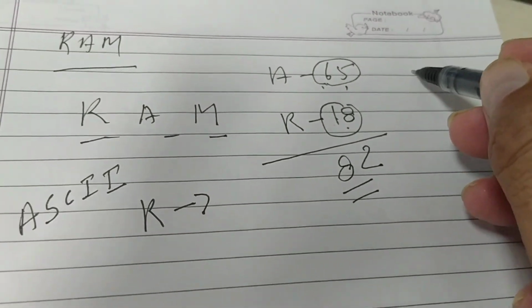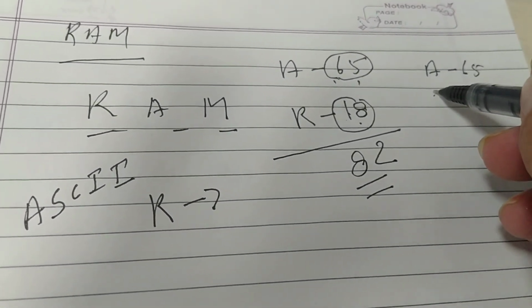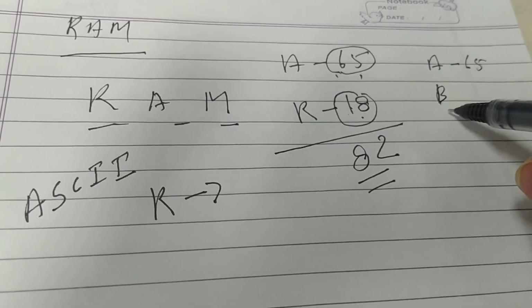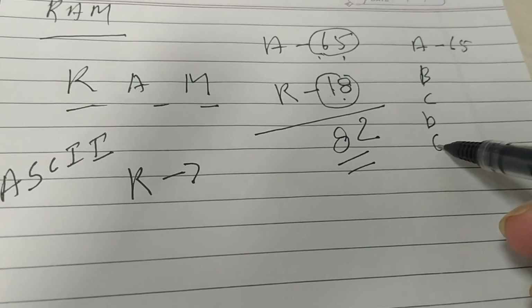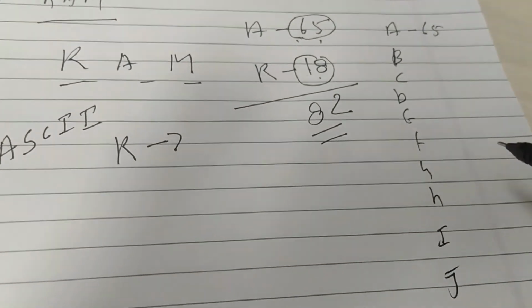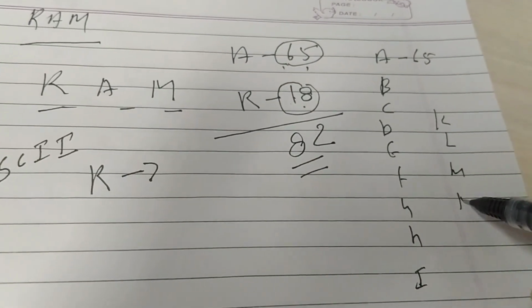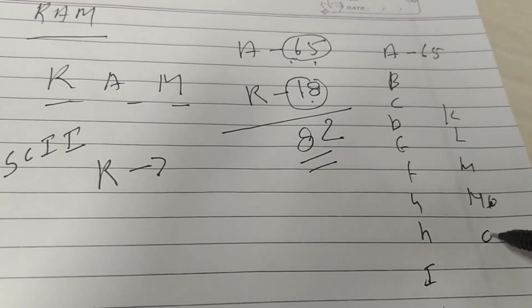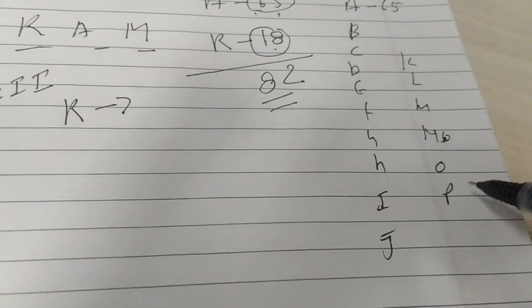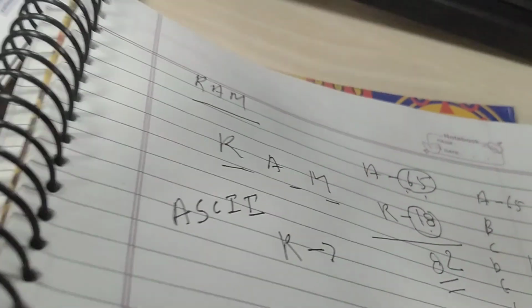Let's see that if A is on 65, then B, C, D, E, F, G, H, I, J, K, L, M, N, O, P, Q, R. Let's write that one.